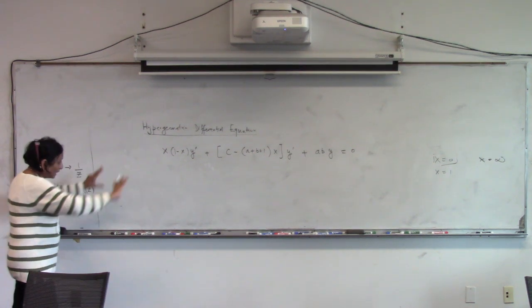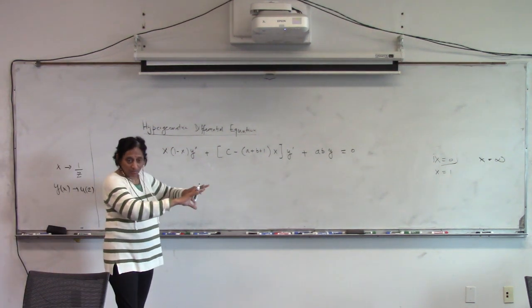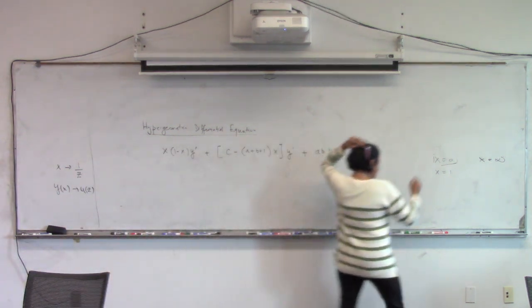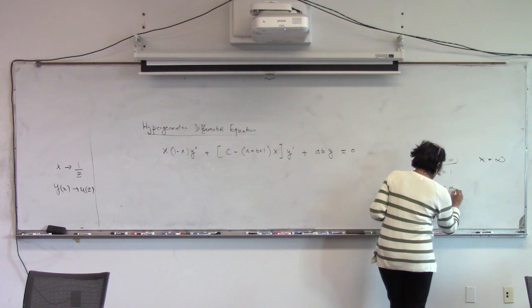So I'm not going to do the proof of that right now, but just to tell you where the 3 singularities are. X equal to infinity is also a singularity.